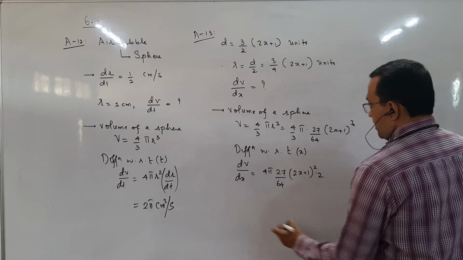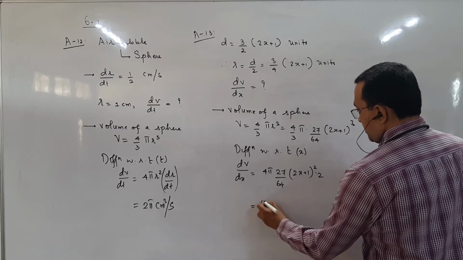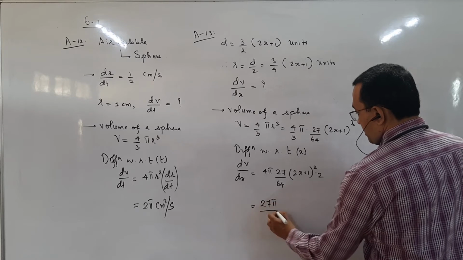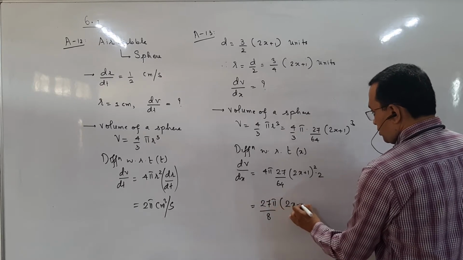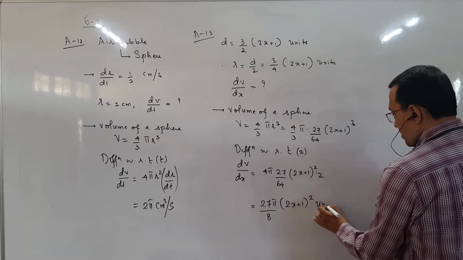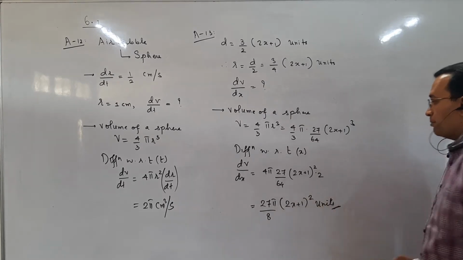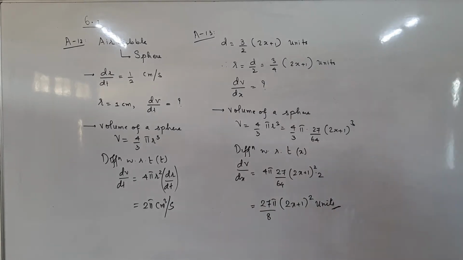So this will be 27 pi by 8 into (2x plus 1) the whole square units. Because in general we don't know the unit of the radius, we cannot say what the unit of dV by dx will be, so we write the generalized answer.